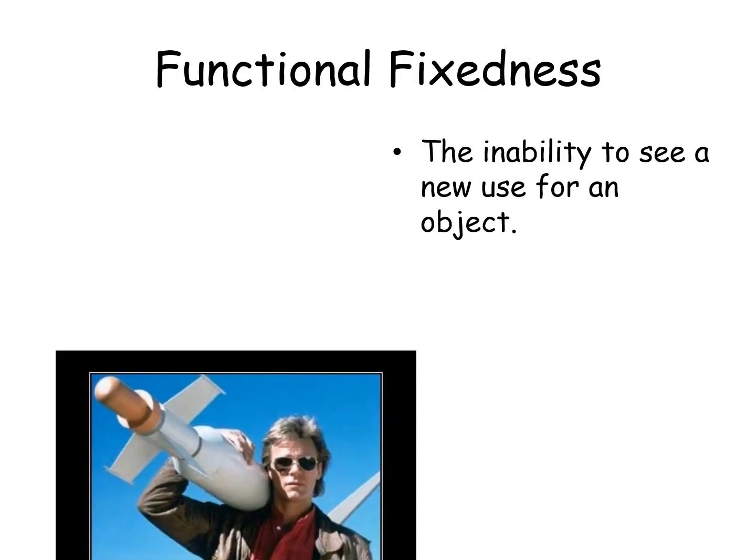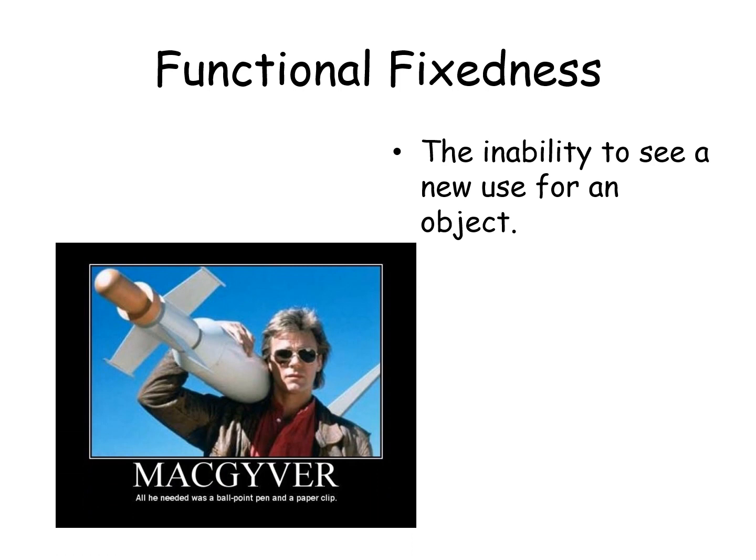Okay, so next we have what is known as functional fixedness. As it says, it's the inability to see a new use for an object. Basically, you are at home, you have to nail in a picture frame, but you don't have a hammer.